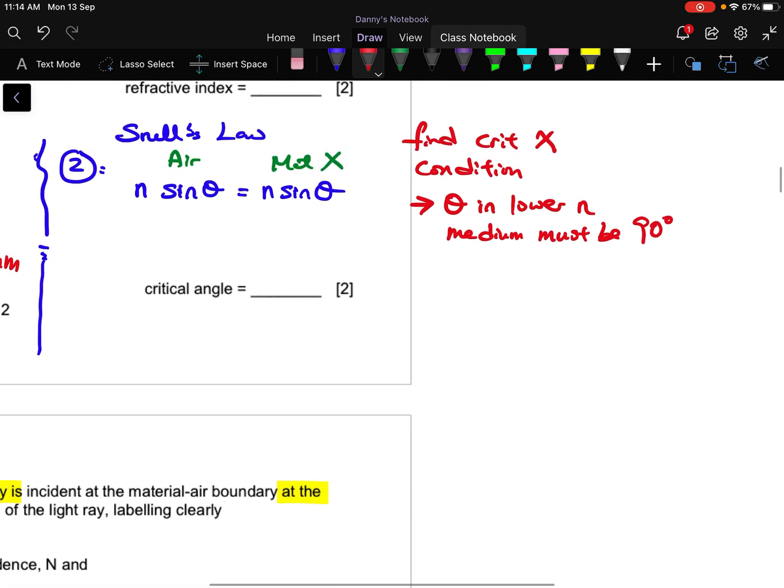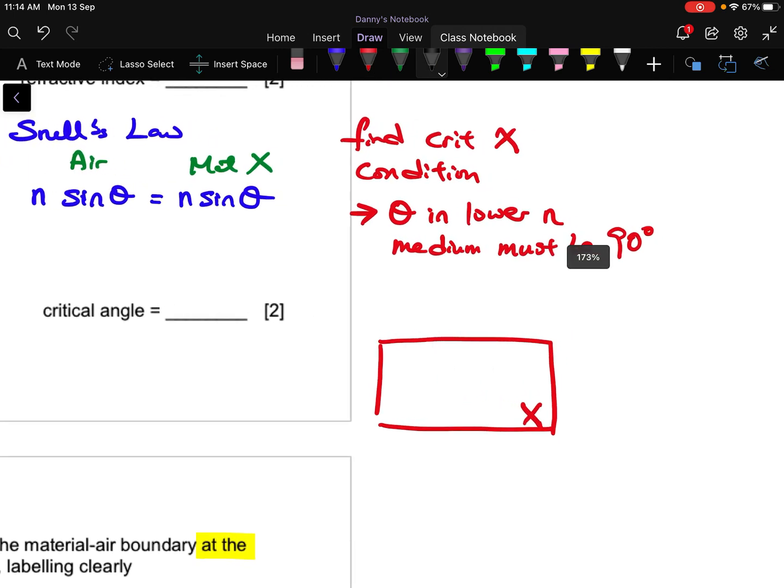Okay, so what does this mean? For example, if now I have medium X, this is my material X, I want to find a critical angle. What does critical angle mean? It means that there will be a beam of light shining to the boundary, and when it wants to exit the boundary, it will exit this way at 90 degrees.